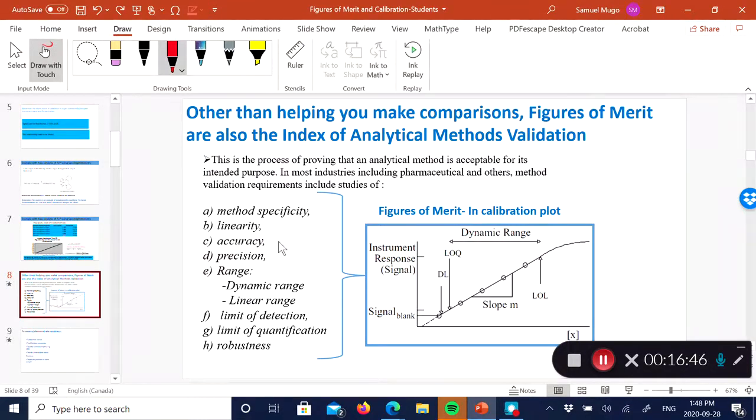The accuracy, I think we've talked about this before, that's the nearness to the truth, the nearness to the true value. Precision, on the other hand, is how your data is distributed around the mean. So you calculate it with the standard deviation. I'm going to show you shortly. The dynamic range, again, is a linear range, and I'm going to explain it shortly. And the limit of quantification, and the limit of detection, and so forth.